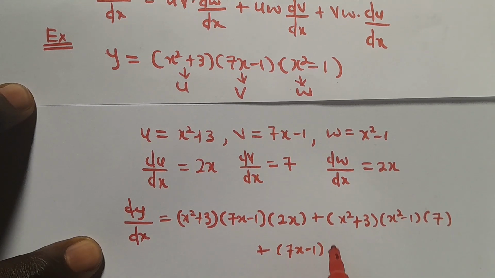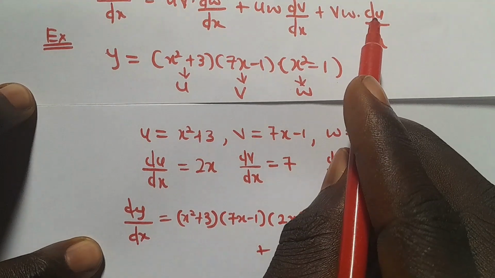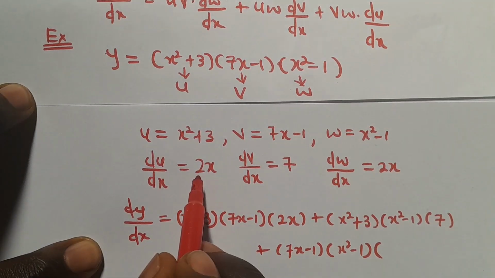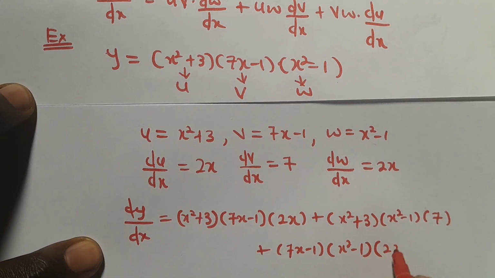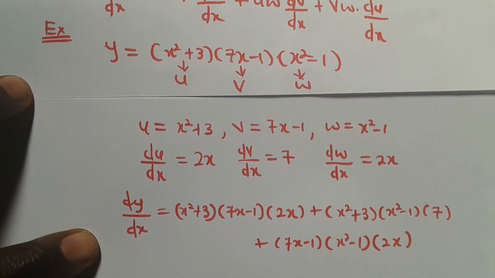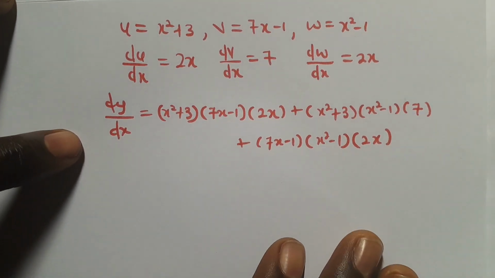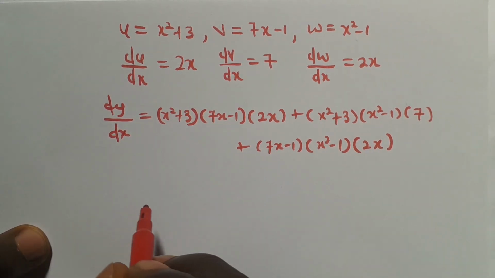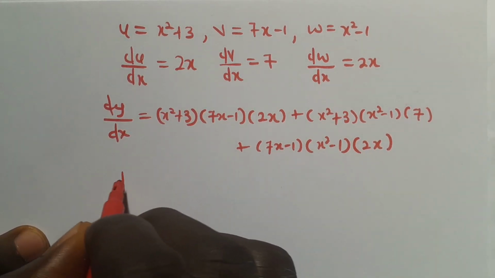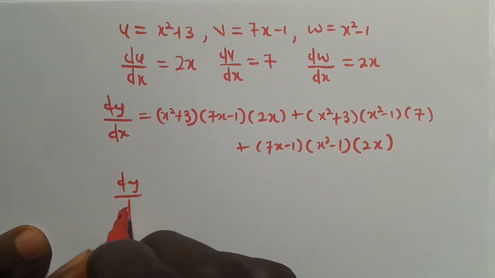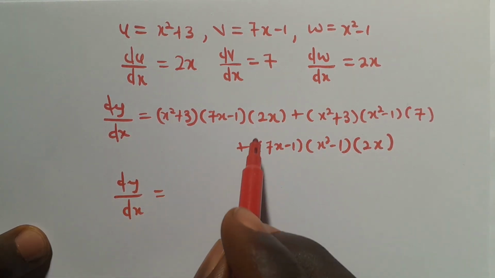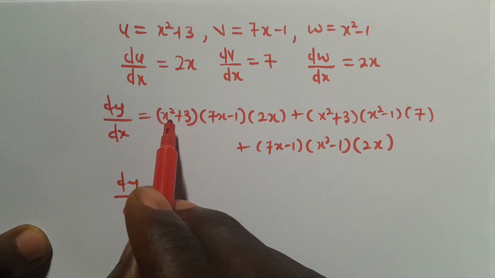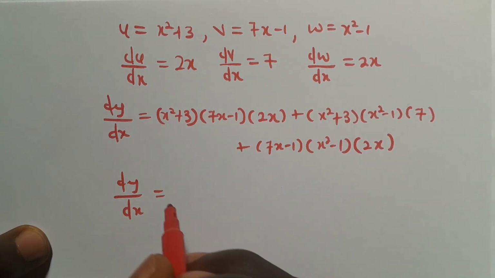The du/dx equals 2x. So by opening all these brackets, what we are going to have will be the first derivative of this, and it will be dy/dx equals, so complete this one.